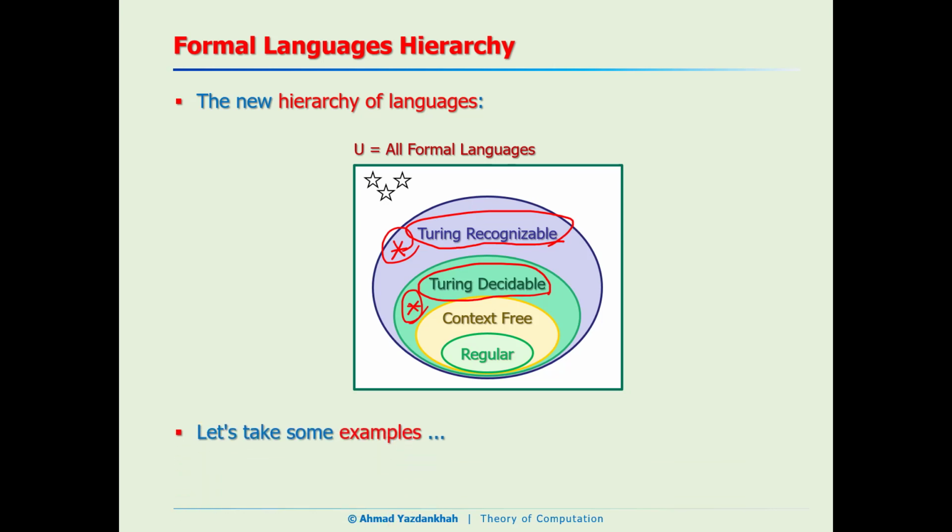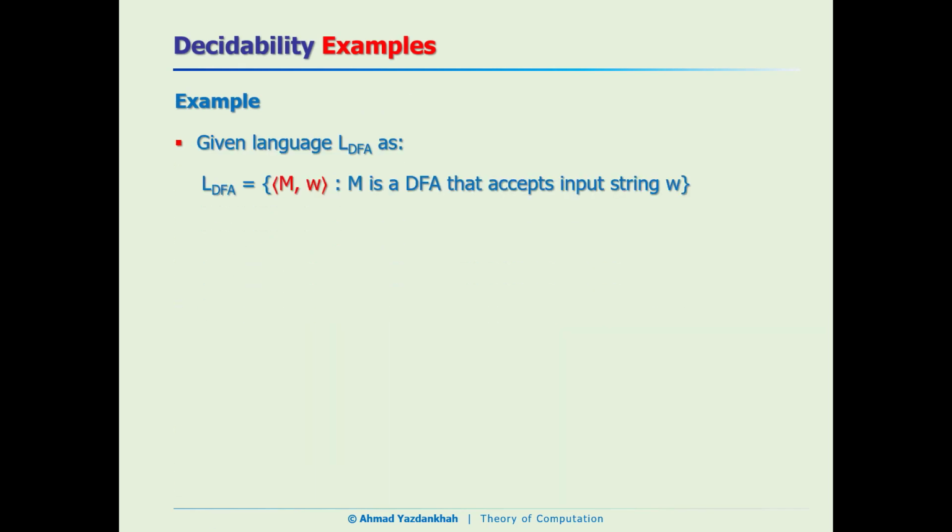Now we need to take some examples. Look at this language. We define a language whose pattern is an encoded string. We have a machine here and a string here, and this string is in fact the input of this machine. The machine M is a DFA and W is the string that this DFA accepts.